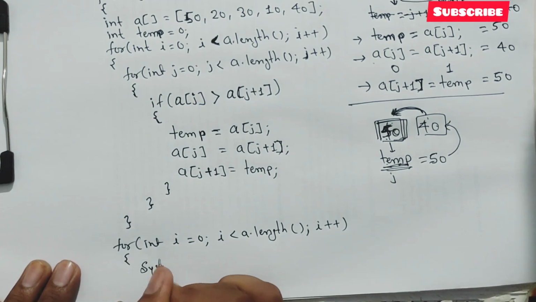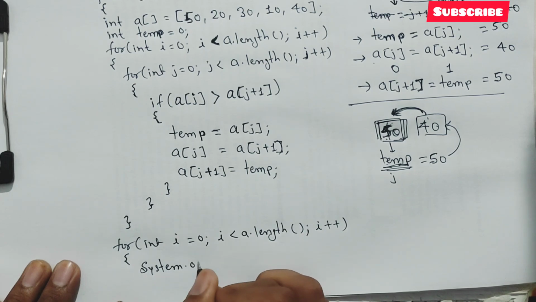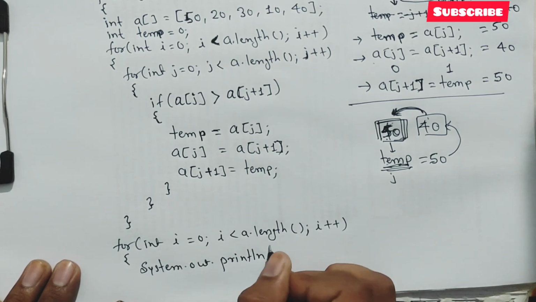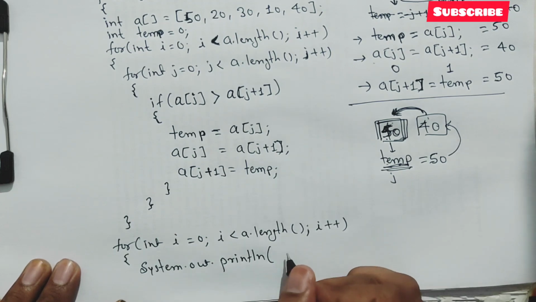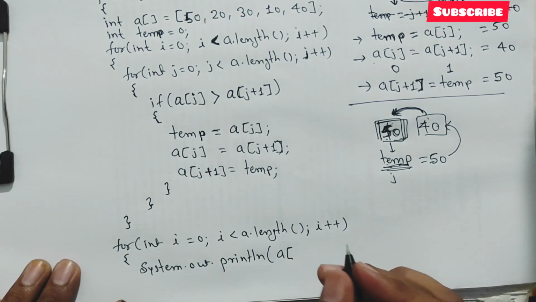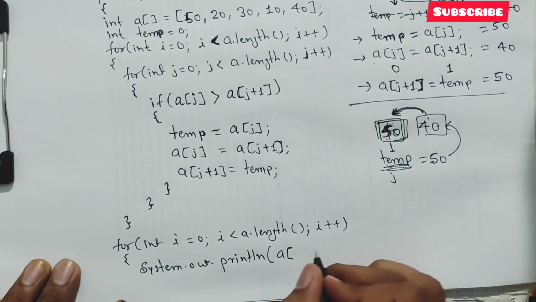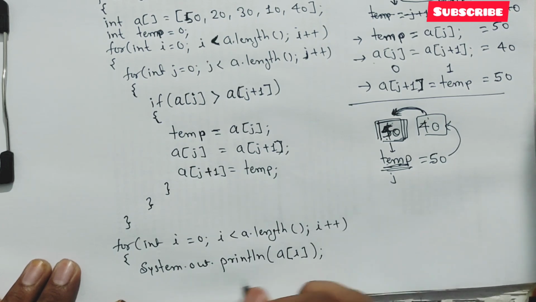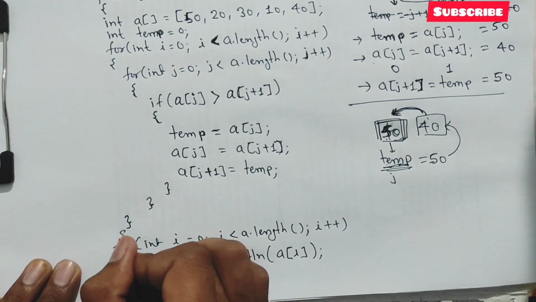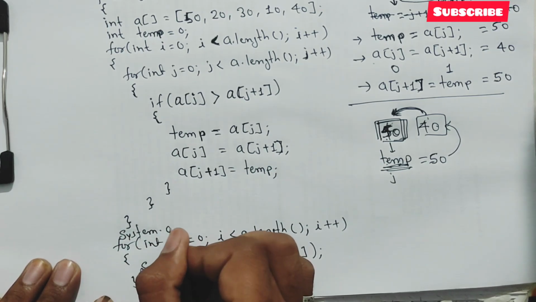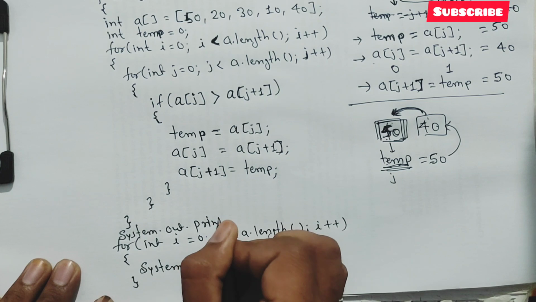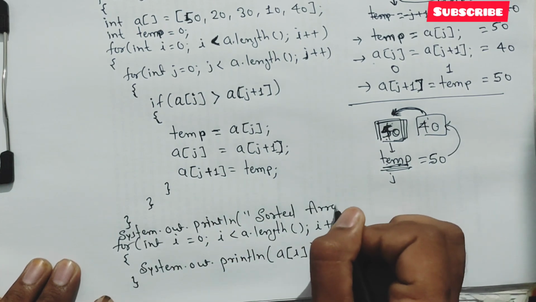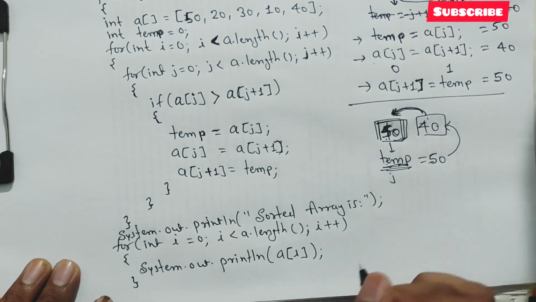So System dot out dot println, and the value of a of i. Here I will write System dot out dot println, sorted array is. This is just a message to print.